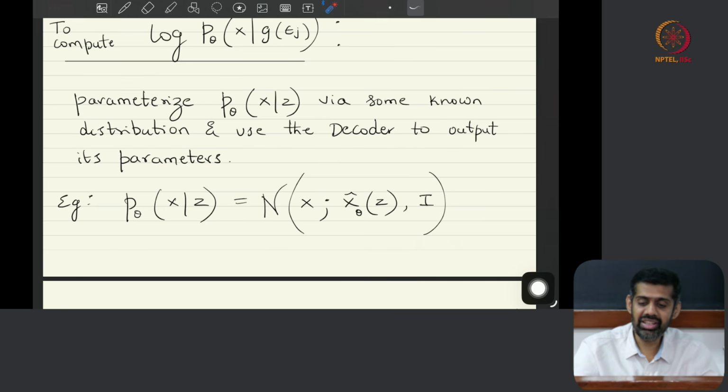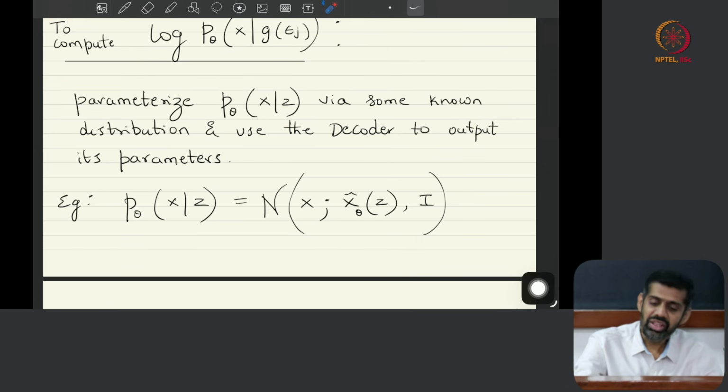That is what I am representing as x cap theta of z. Why is it a function of z? Because it is a conditional distribution and this neural network is taking a fixed z as an input, okay, and the output of this neural network is the mean of this distribution, and I deliberately assume that the variance of this distribution is identity.